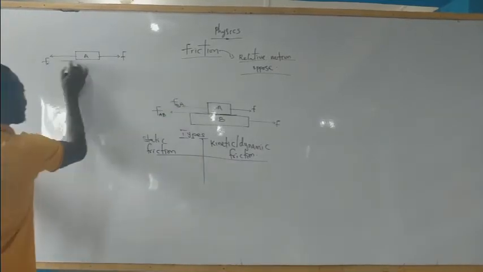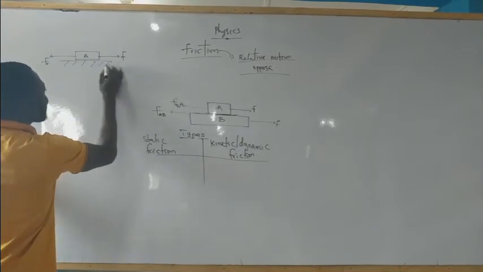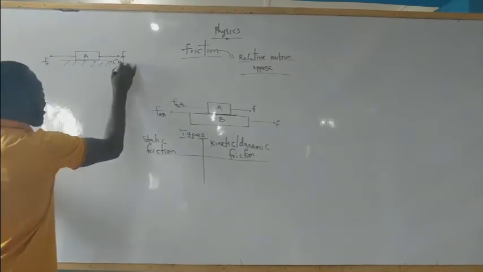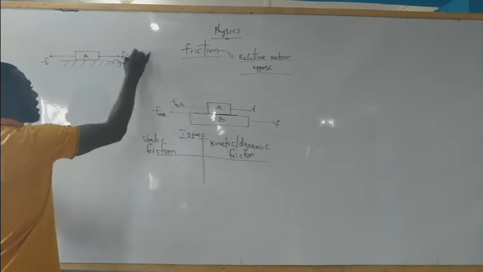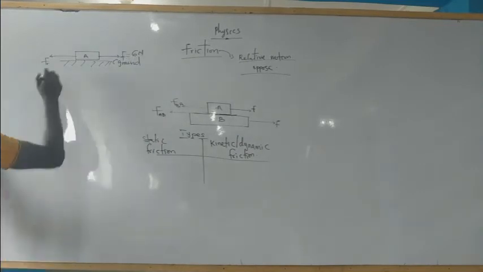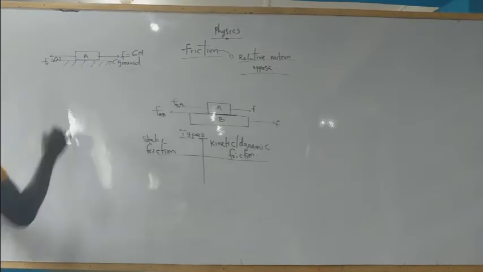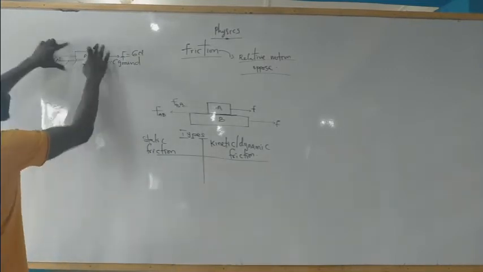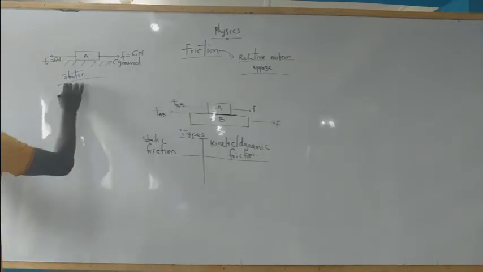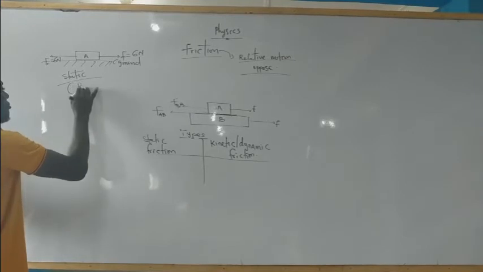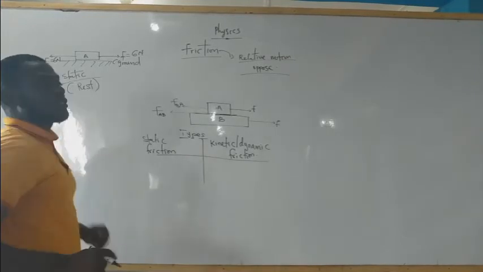This is the ground. Let's say this force is 6 Newton and the frictional force is also 6 Newton. Then this is static, at rest.